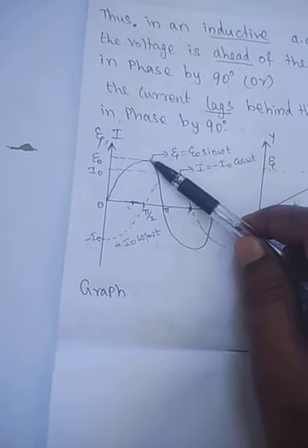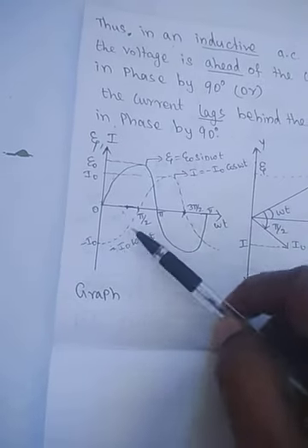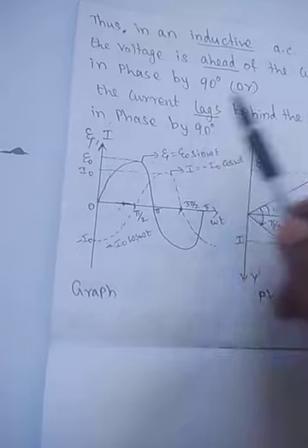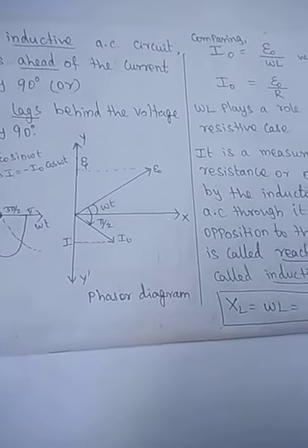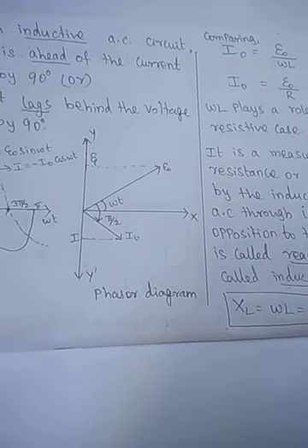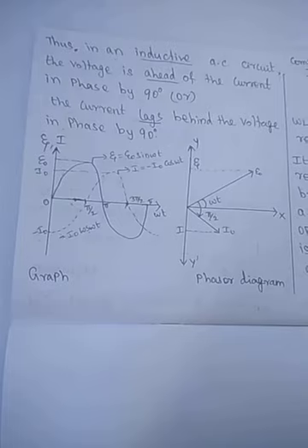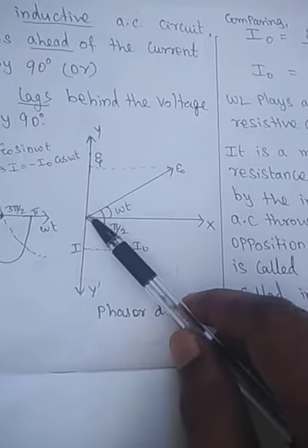The sine value is 90 degrees ahead for the EMF, but the current value is behind the sine value. This will be shown in the phasor diagram very clearly. Dear students, the phasor diagram is very important. Draw the phasor diagrams and the graph diagrams clearly in the examination.